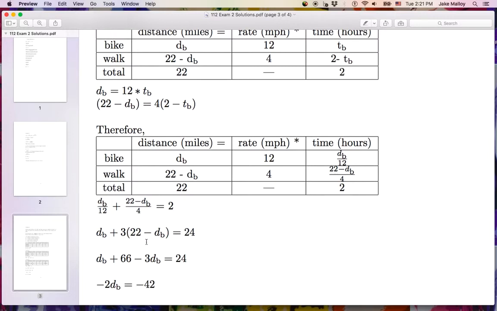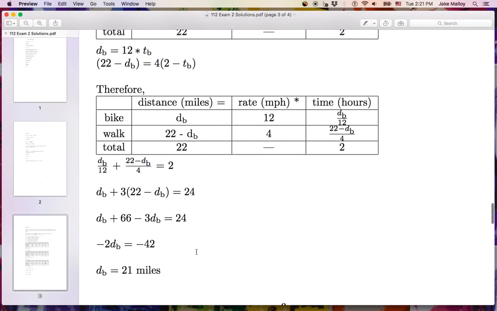I'm going to distribute my 3, so now I'm to this row. And when I combine my like terms and subtract 66 on both sides, I get negative 2 d sub b. Remember, d sub b is the distance biking. That equals negative 42. And so when I divide by negative 2, I find that my distance biking is equal to 21 miles.